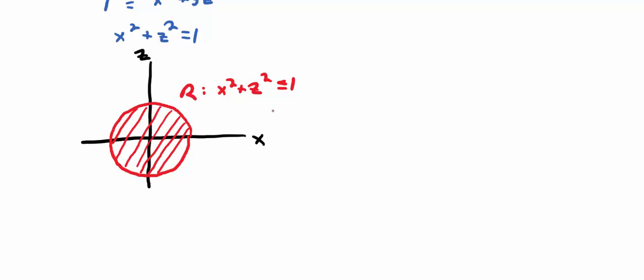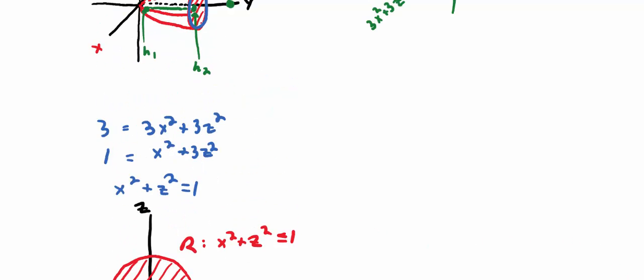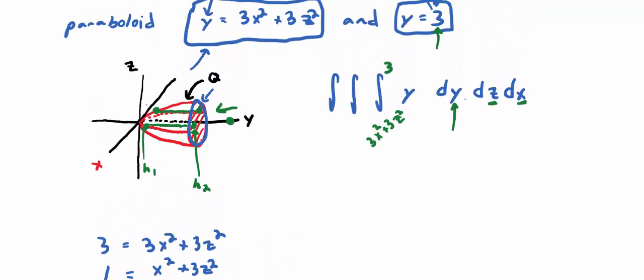So if you wanted to set up your integral, since you're going to probably switch to polar coordinates anyway, couldn't you just say that the outer region of integration is r, where x squared plus z squared is less than or equal to 1?